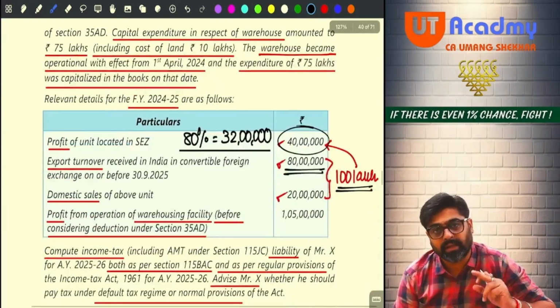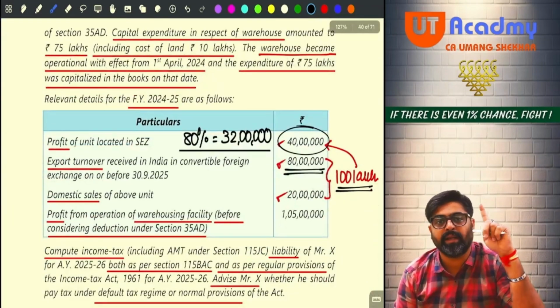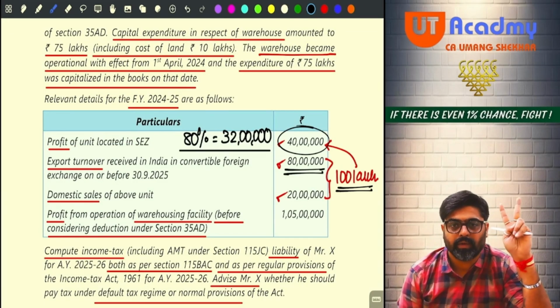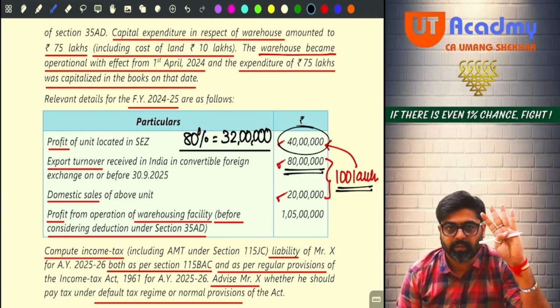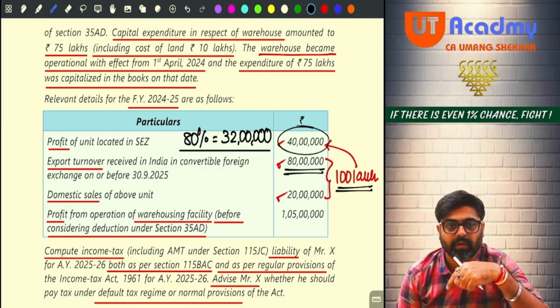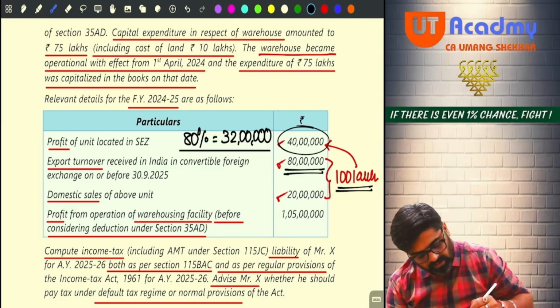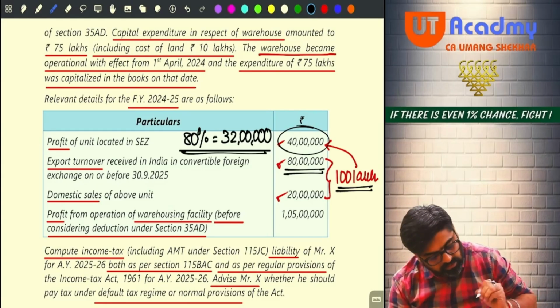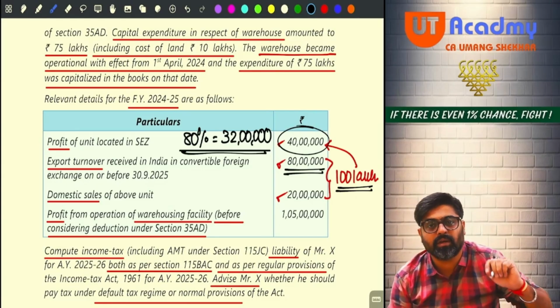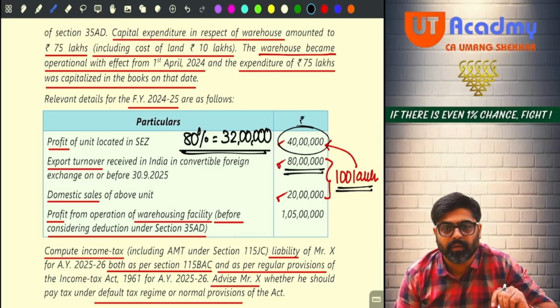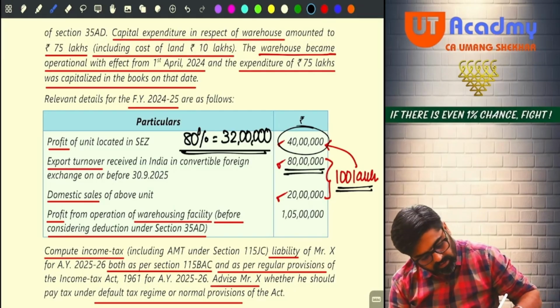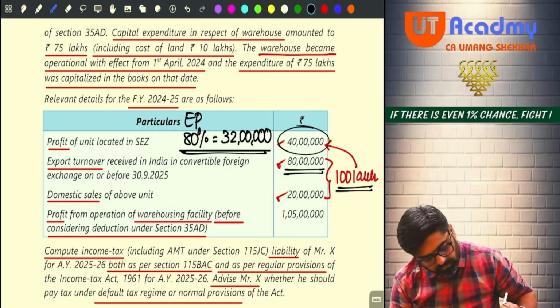So in the year 19-20, when you commenced the operation, it was the first year, 20-21 second year, 21-22 third year, 22-23 fourth year, 23-24 fifth year, and 24-25 is the sixth year. Can I say this is the export profit of the sixth year? This is your EP, export profit.